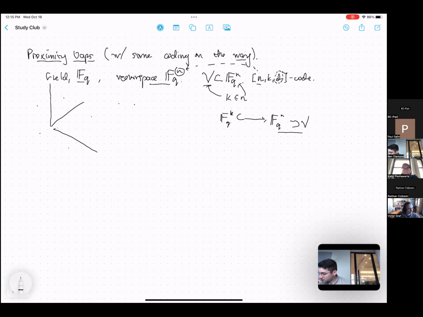This is just linear algebra, right? If I pick a basis for V, then I can just map each K tuple into a combination of those basis vectors. And that essentially is my encoding map.